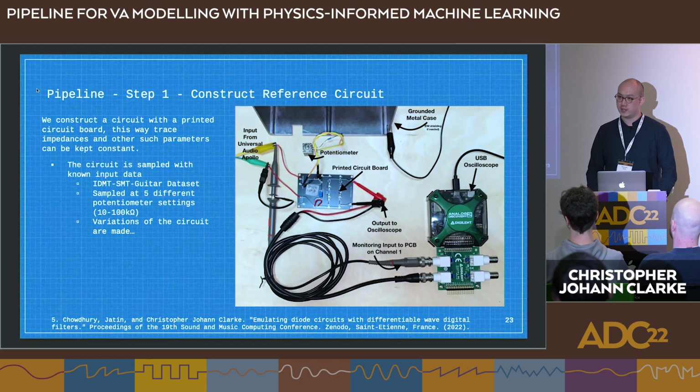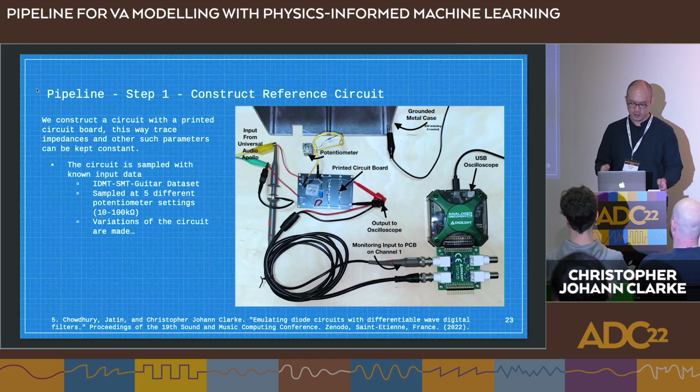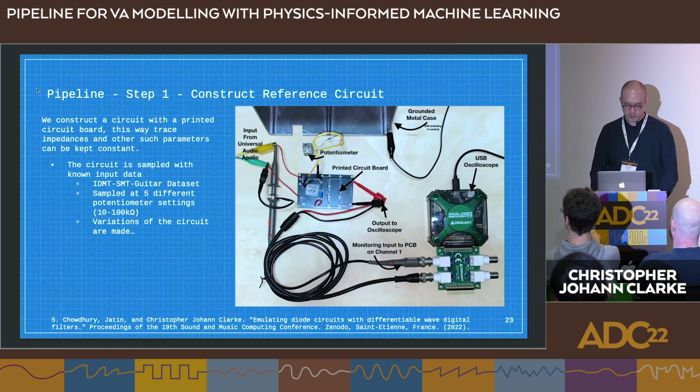Also, trace impedances and component distances for heat or magnetic interference modeling can be tweaked or kept constant depending on what you want. You can also see that other precautions were taken, such as the metal case connected to earth ground covering the circuit during data collection.